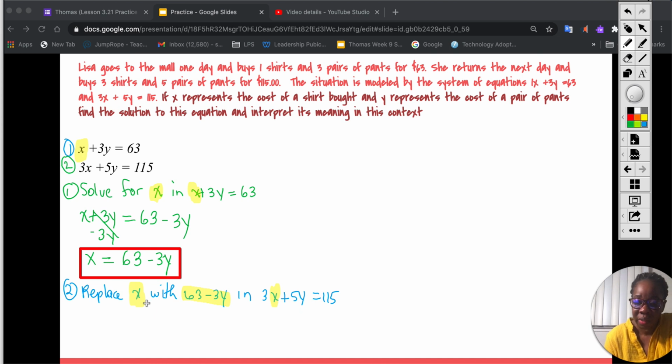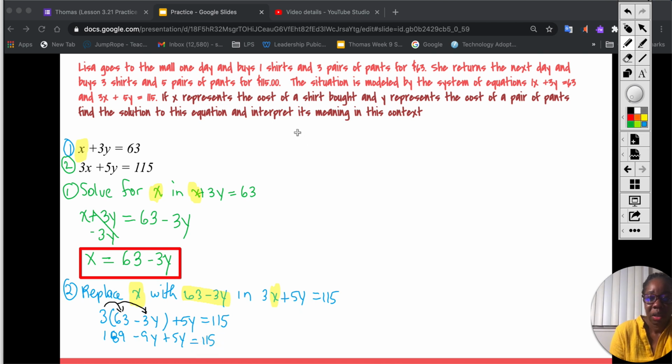So 3 open parentheses, 63 minus 3y, close parentheses, plus 5y is equal to 115. And we're going to use the distributive property so that 3 is distributed inside the parentheses, which means we're multiplying what is inside by what is outside. So 3 times 63 is 189, minus 9y plus 5y is equal to 115.